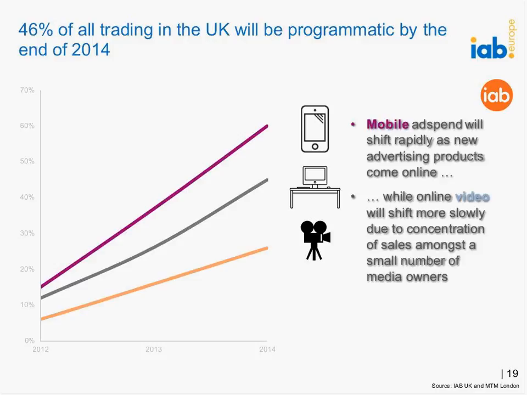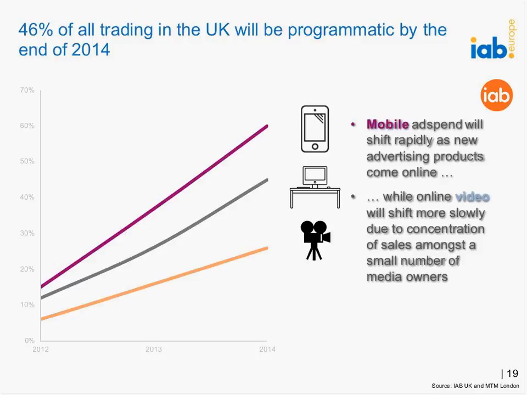We did this through a series of interviews and surveys and asked questions on estimates for 2012. We put it into context of the 3 possible disciplines of mobile, display, and video, and came back with a number of 28% being traded programmatically, with an estimated 46% being traded programmatically by the end of 2014.